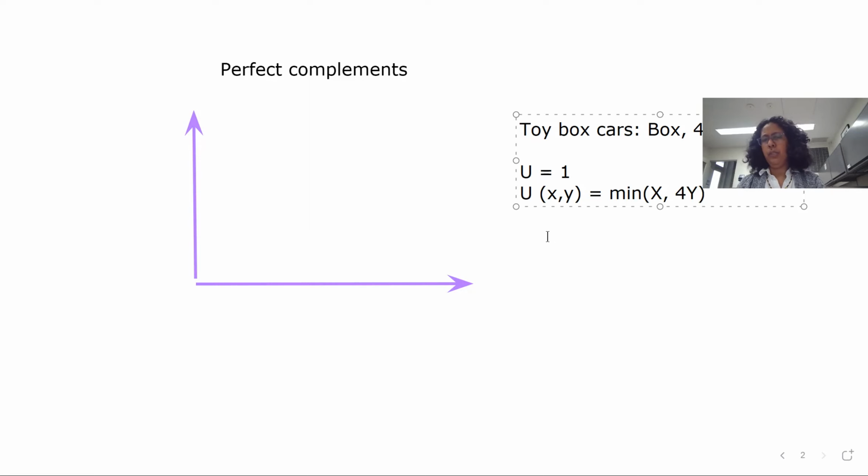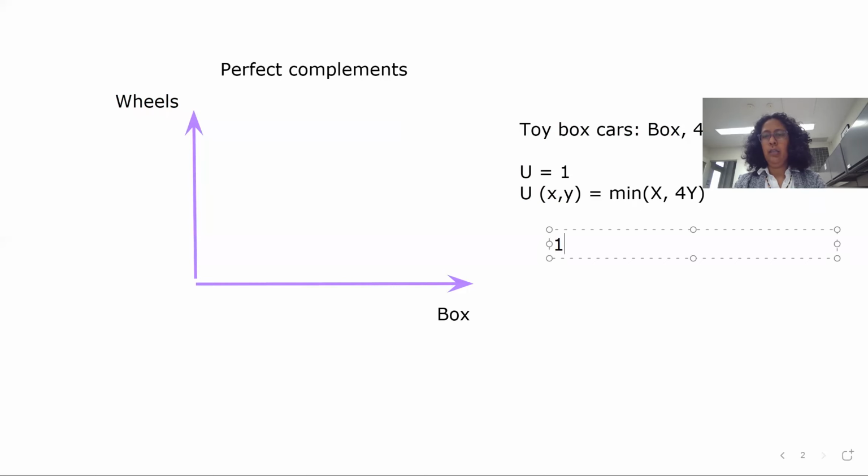And so this model is a fixed proportion model, or Leontief model. And so let's label this. I have the box. I have my wheels.